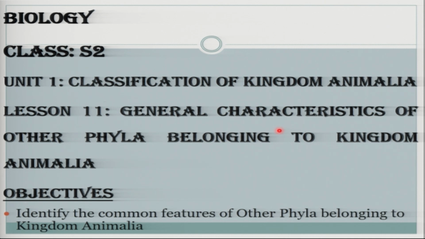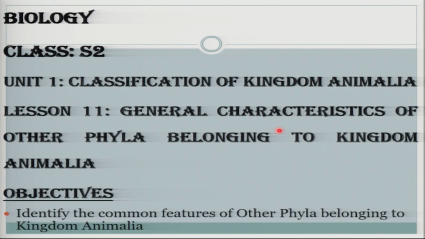All right? Now, what is today's objective? By the end of this lesson, everyone here will be able to tell some of the common features of other phyla belonging to kingdom Animalia.